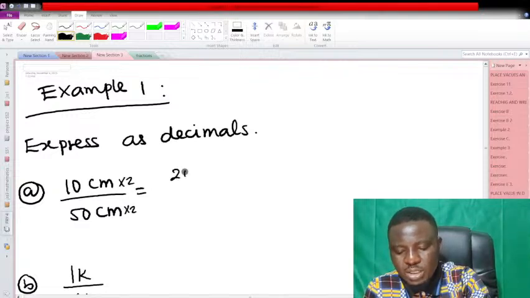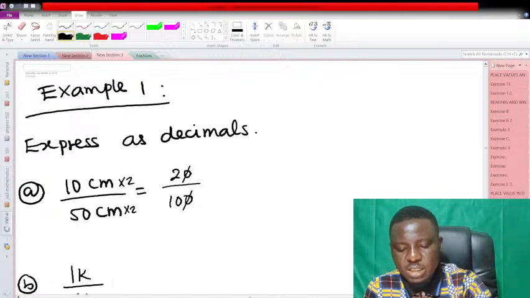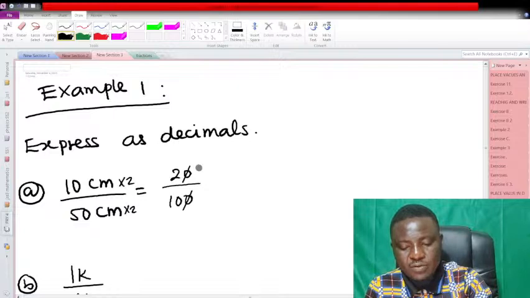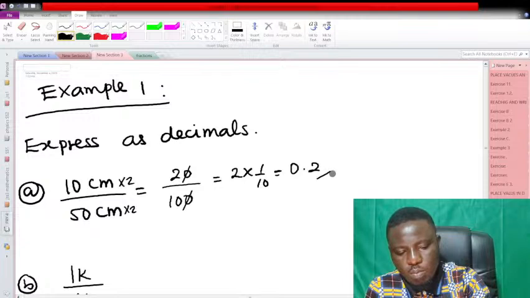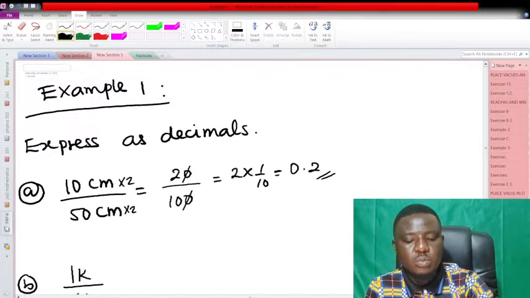So this is 20 divided by 100. And if you do that, you can also divide this. 10 can divide both the numerator and denominator. And then this is 2/10, right? Which is equal to 0.2.